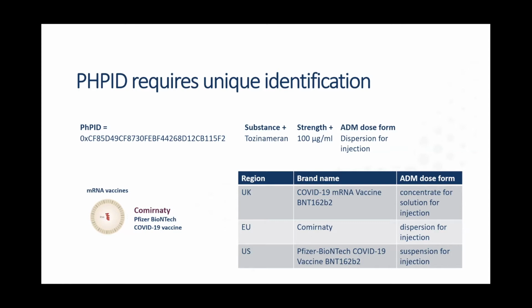You can see here, for example, for the Pfizer vaccine, that just the names are different for different regions, for UK, for EU, and for US. And the dose forms are also defined differently. UK defines the dose form as a concentrate for solution for injection. The EU defines it as a dispersion for injection, and the US as a suspension for injection.